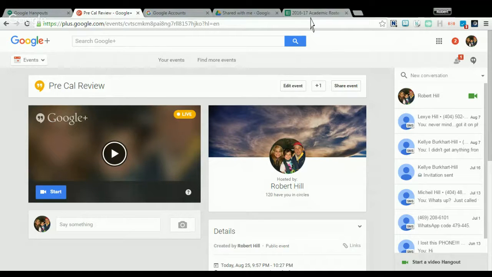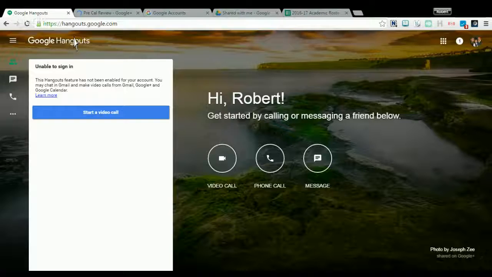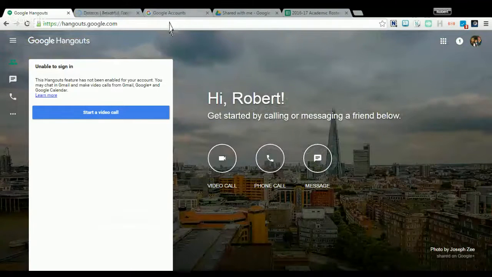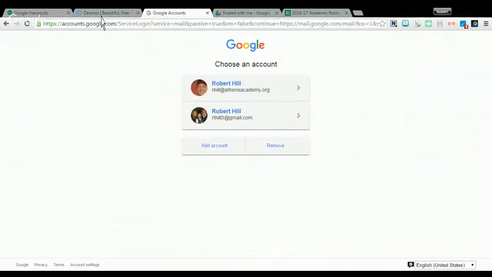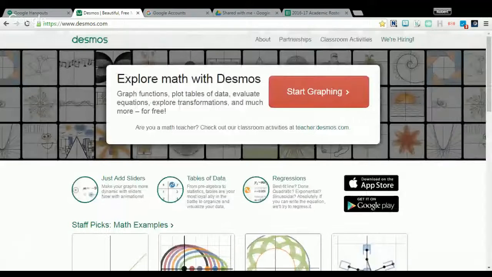And let's see if we can see this. All right, what I'm going to try to do here is I want to try to go to Desmos and make sure everybody kind of understands what's happening.